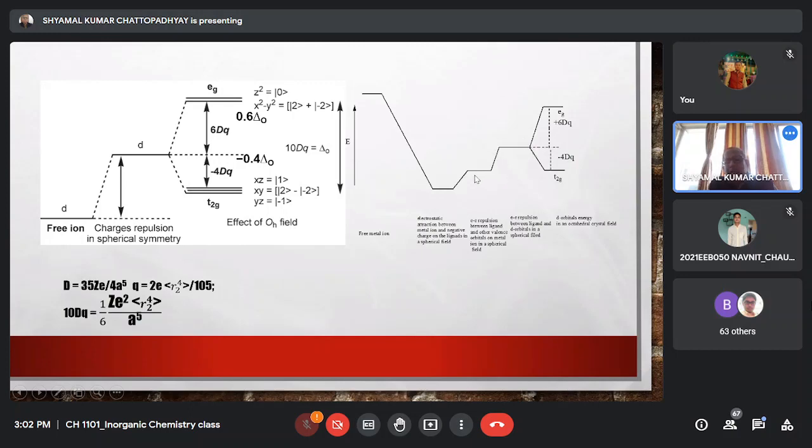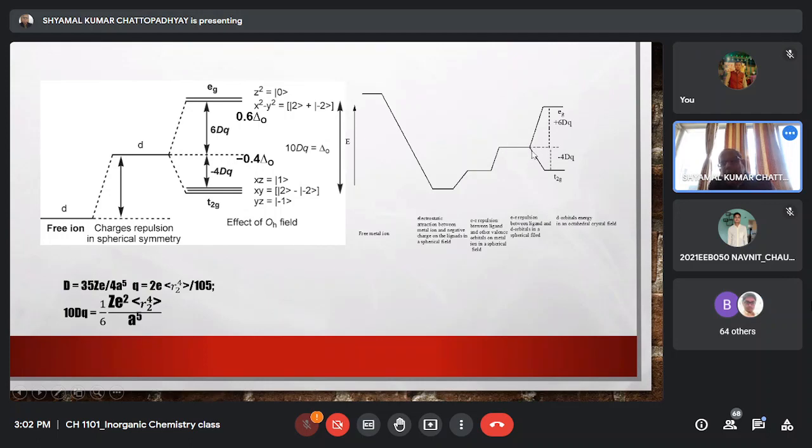So in these two steps, the electron-electron repulsion increases the energy of the system. This part is the electron-electron repulsion between all the metal electrons except d electrons and the ligand, and this corresponds to repulsion between the d electrons and the ligand. So here we have the picture, right?